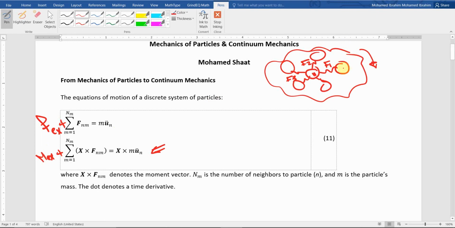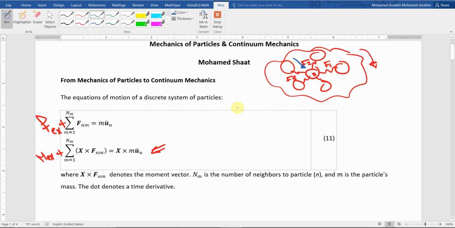We can say that this discrete system of particles, here I'm talking about the overall system, is subjected to some moments that give it rotation. But this F external is the external force acting directly over particle n.